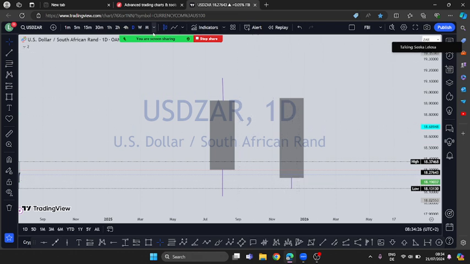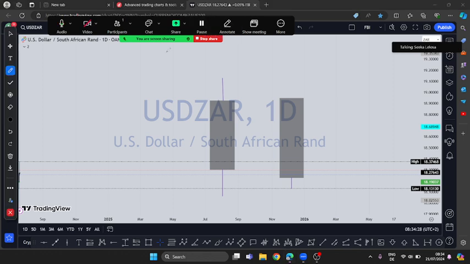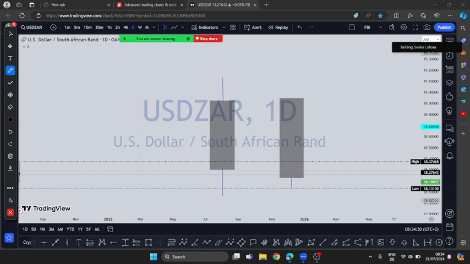So if the length of the body, this length, is 2 times longer than the length of the wick, so this is like 2 times, then this is called a momentum candle, and it's used to blow the liquidity.